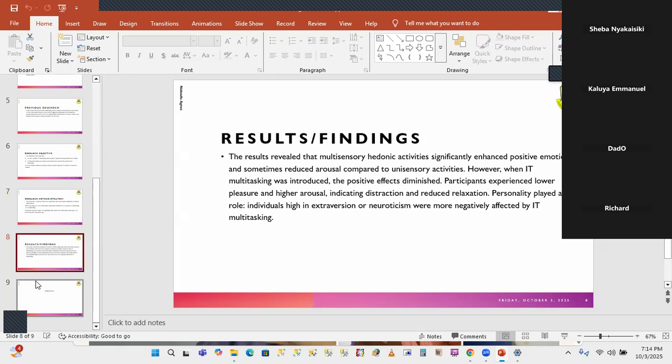Participants experienced lower pleasure and higher arousal, indicating distraction and reduced relaxation. Personality played a role. Individuals high in extraversion or neuroticism were more negatively affected by IT multitasking. So the findings are that sometimes when you do a number of activities, you can forego one and perform the other.